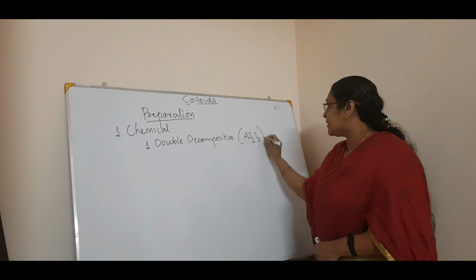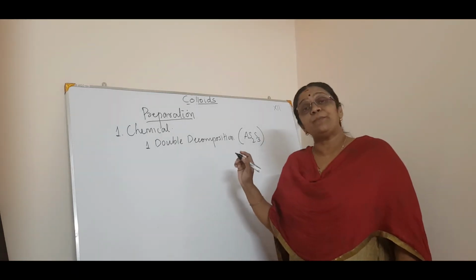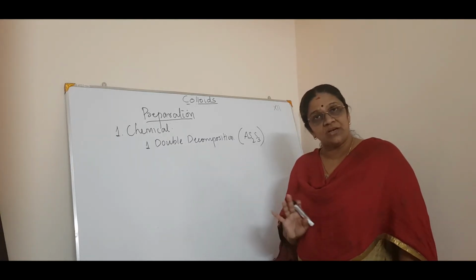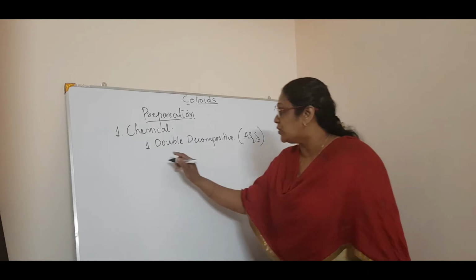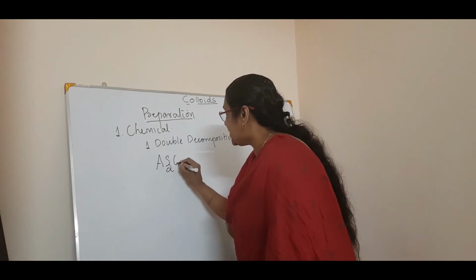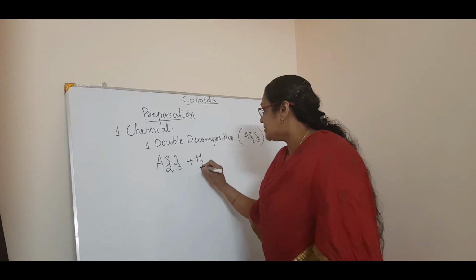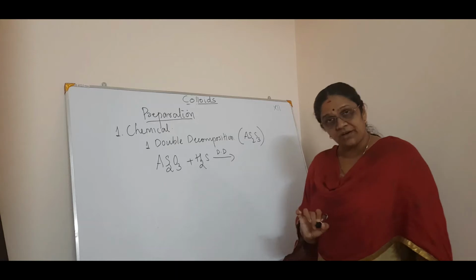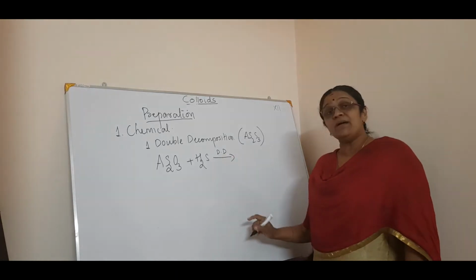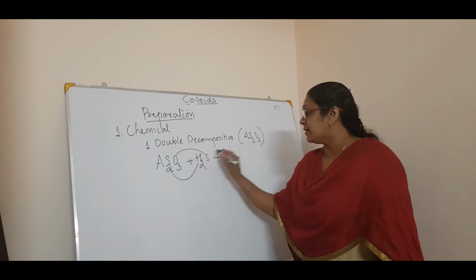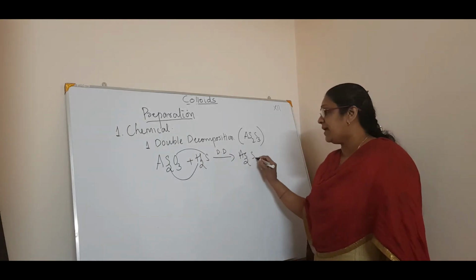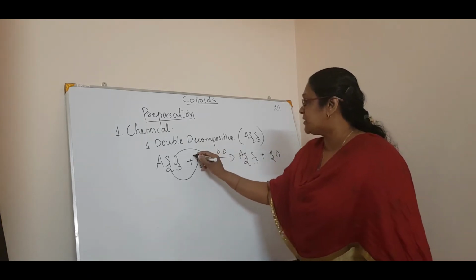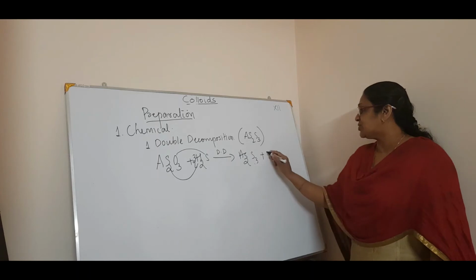In order to prepare arsenic sulfide sol, we will have this double decomposition reaction. See how it goes. You take As2O3, that is arsenic oxide, plus H2S, and in the arrow you write double decomposition. This is same as double displacement. It will form As2S3 plus 3H2O.